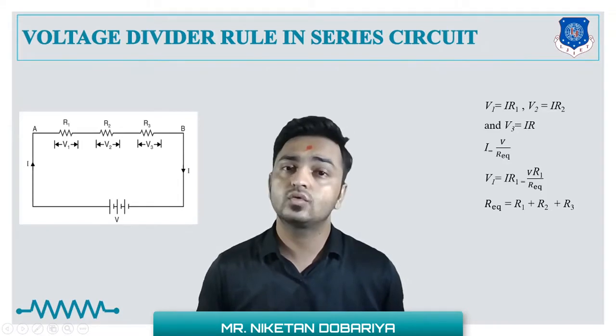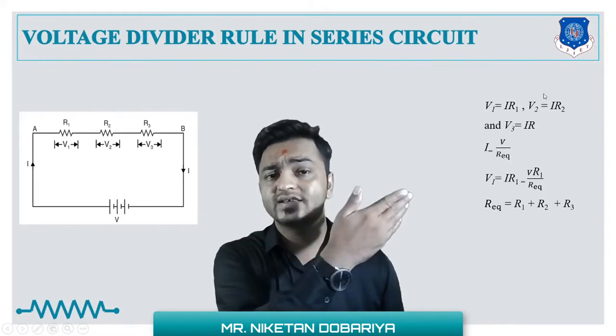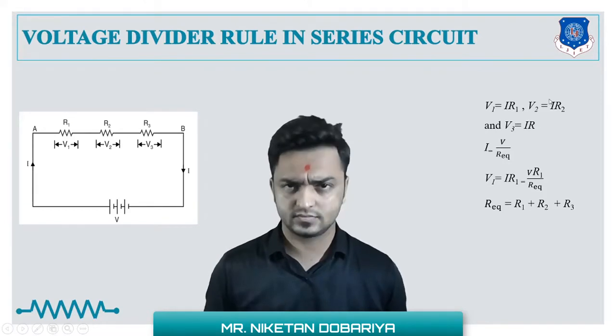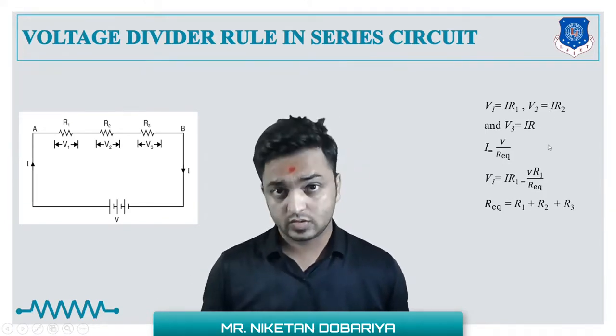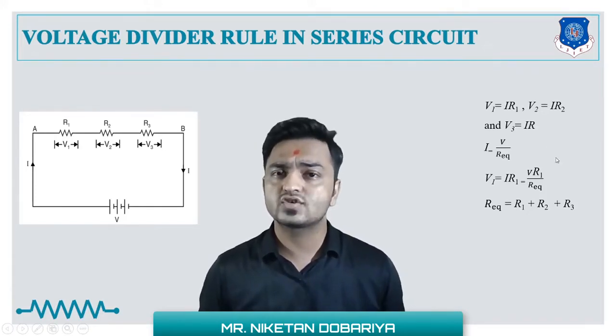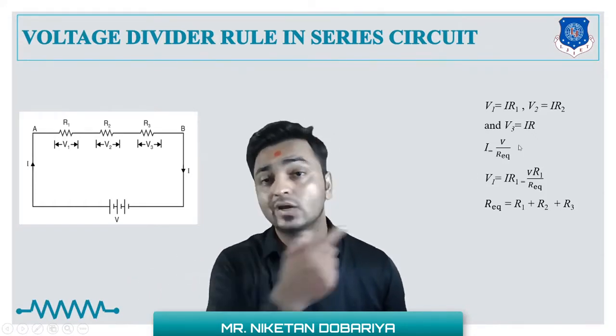We know that V1 is equal to IR1, similarly V2 is equal to IR2, and V3 is equal to IR3. Let's find V1 first of all. V1 is equal to IR1, where we know what I is. From the previous equation, we can write I as V by R equivalent.